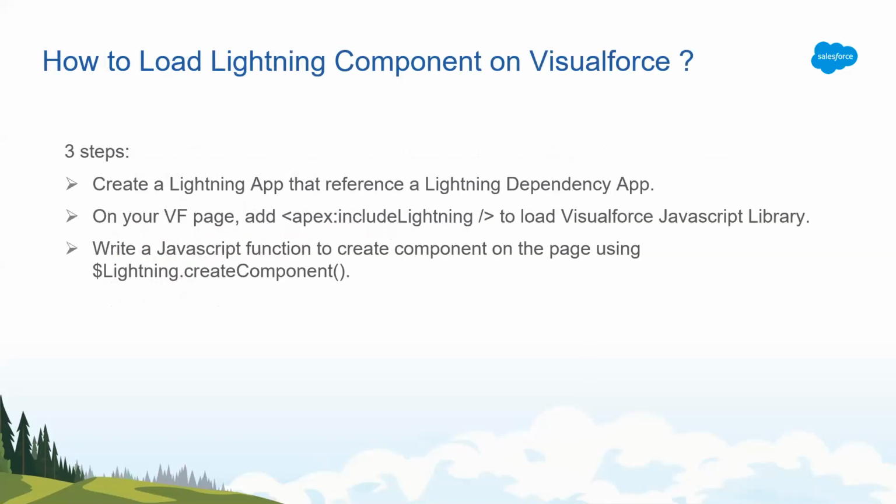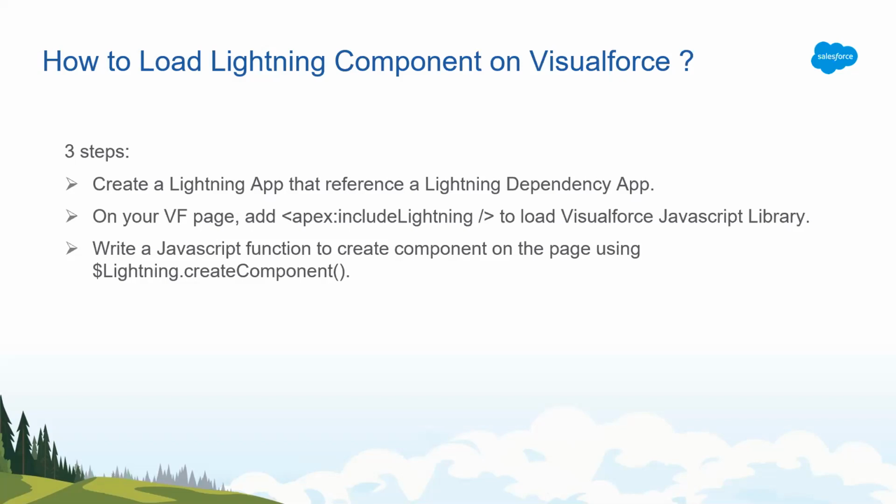Now, how do you load Lightning components on a Visualforce page? This basically has 3 steps. The first step is to create a Lightning app that makes a reference to the Lightning dependency app. The second step is to create a Visualforce page and add the apex:includeLightning tag to load the Visualforce JavaScript library to your page.